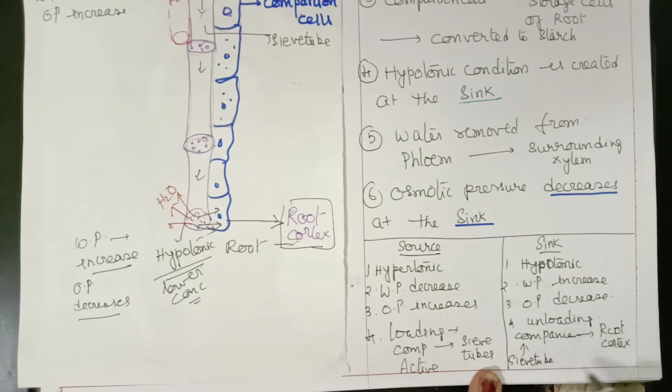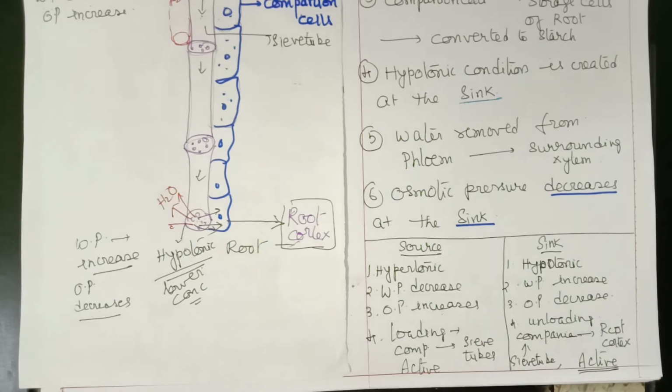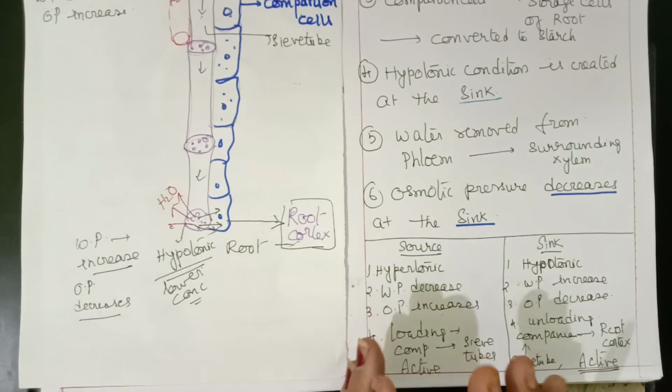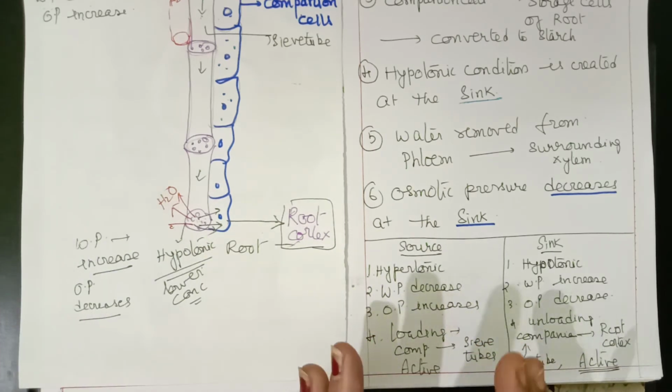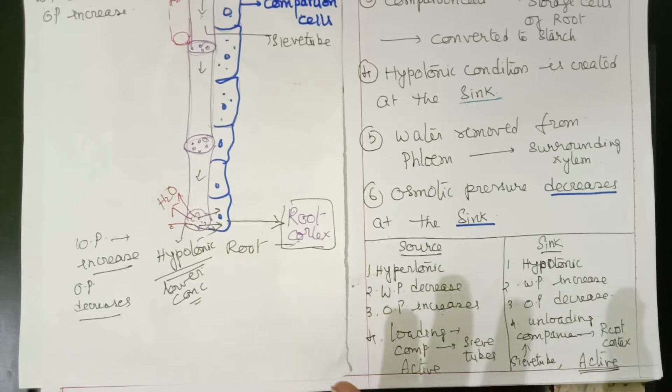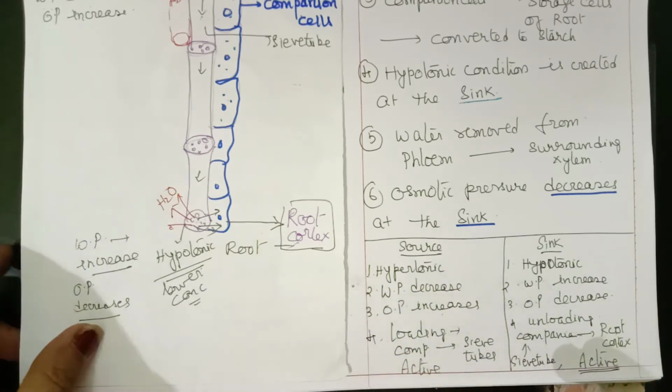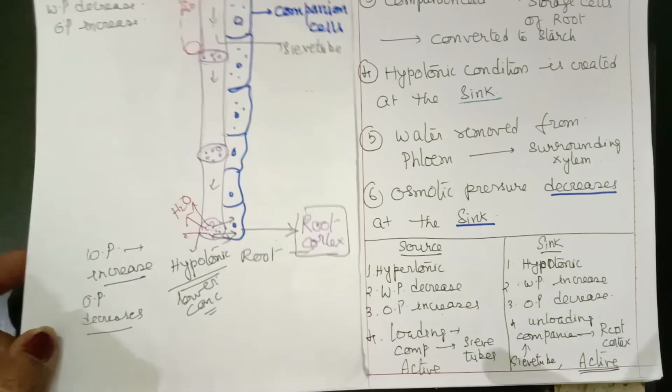That process is called unloading, and this is also an active process because both require energy. So loading and unloading: this is how you have to know the different changes taking place between source and sink so that transport of food can take place. This mechanism is the same whatever may be the source or the sink.